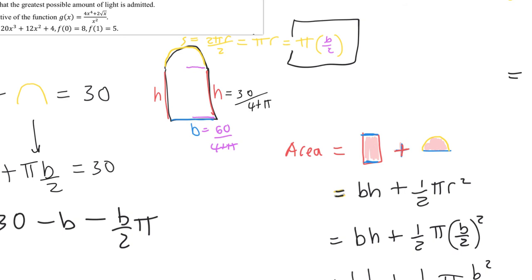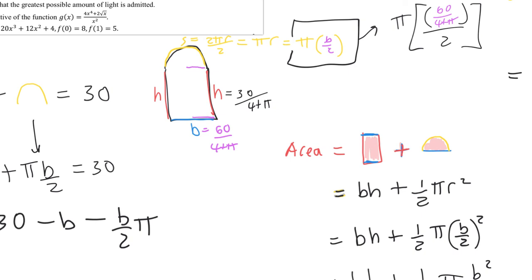With regards to the semicircle, that's going to be pi times b over 2. So I don't mind just doing that right now. That's going to become pi times something over 2. And that something is 60 over 4 plus pi. And as I said before, you can multiply these denominators.